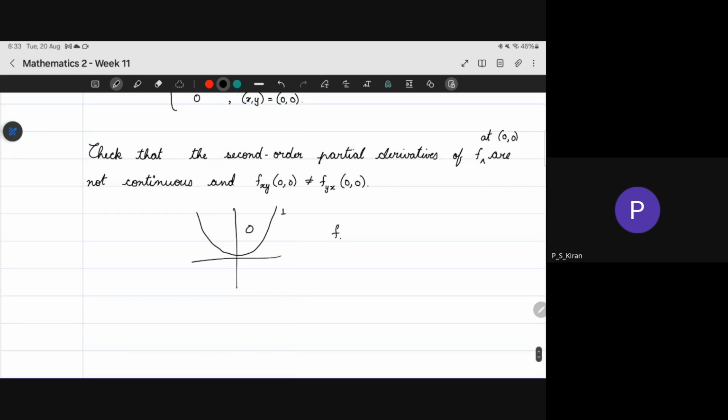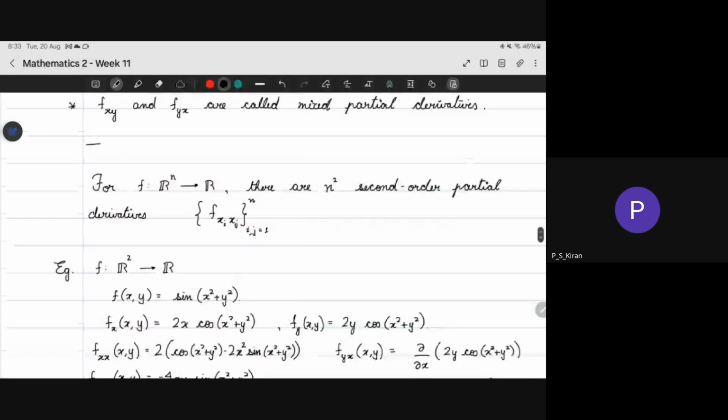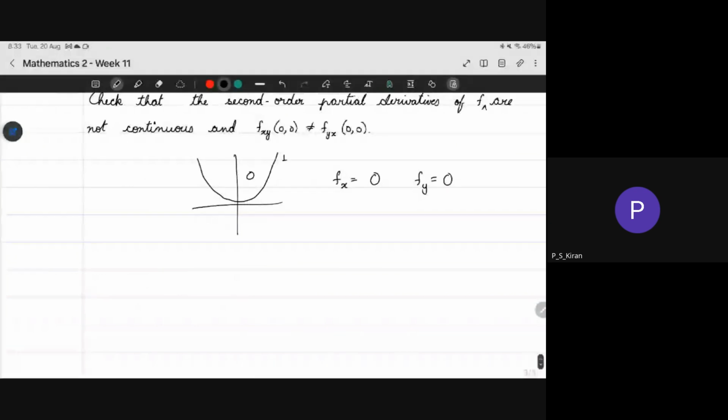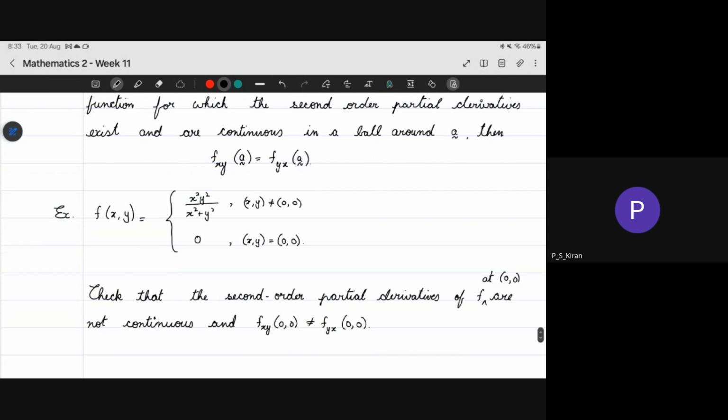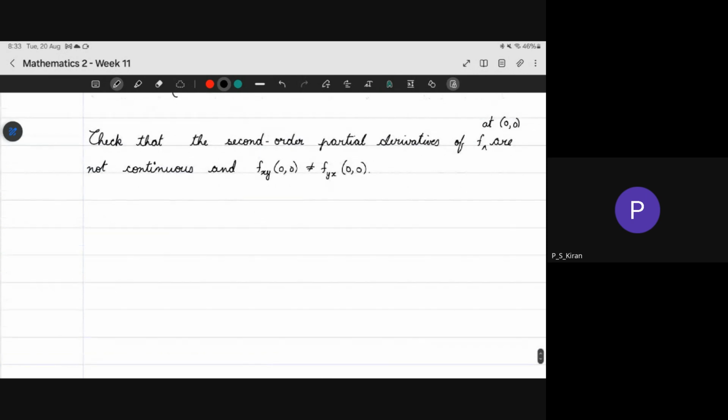For this, I think the partial derivatives will be identically 0. But then the mixed partial derivatives also will be equal. No, I cannot think of anything, but I'm almost sure that the converse is not true. You can have a function which has equal mixed derivatives, but the second order partial derivatives are not continuous. I'll think about it. Right now, I don't have a complete answer.